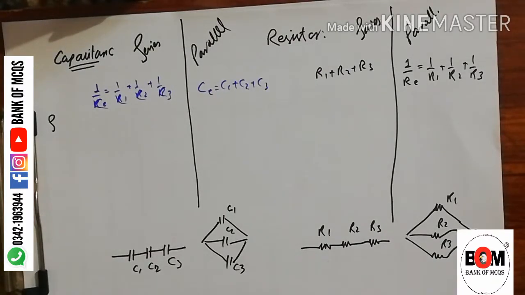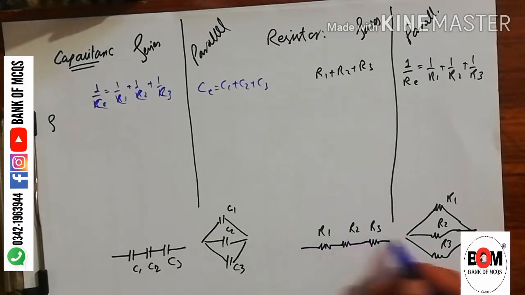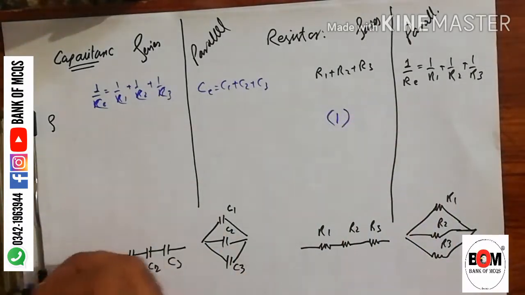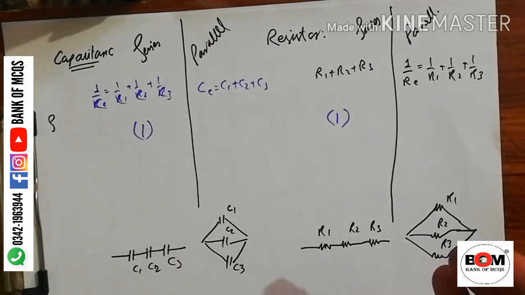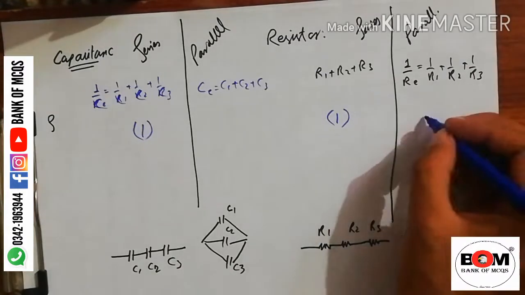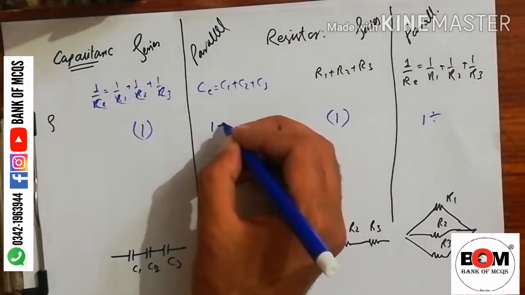The next point: in series the current remains the same, whether for capacitor or resistance, while in parallel the current divides.